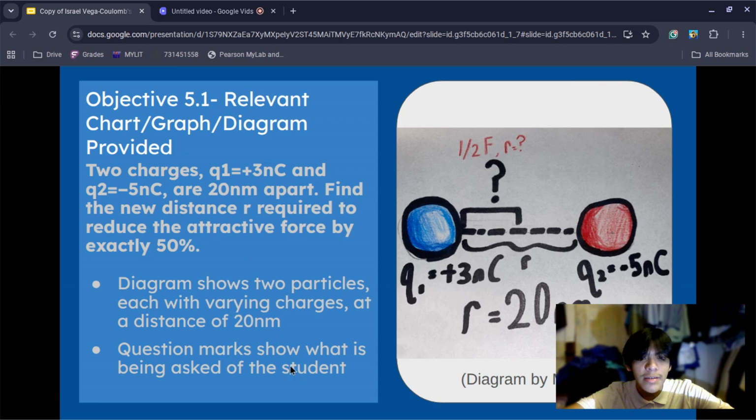So this diagram just shows two different particles. I made sure to make them blue and red so you could visualize this. And then I also included all the empirical values inside of the equation. And the question mark shows what's being asked of the student and wants you to find the new distance between them to find half of the attractive force between these two particles.